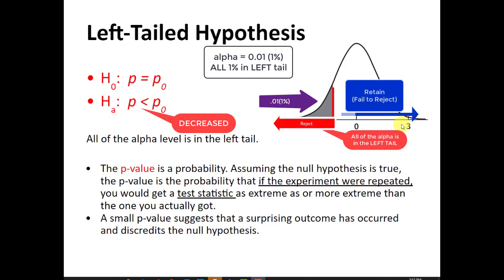Okay? Now, I'm also going to make sure that the p-value, the probability of obtaining that test statistic, is less than my 1% in this instance. If you had a 5% alpha, then it would be 5%, whatever. But in this instance, I'm going to make sure that my p-value is going to be less than my established alpha. And as a reminder, what the p-value tells you is that it is a probability.